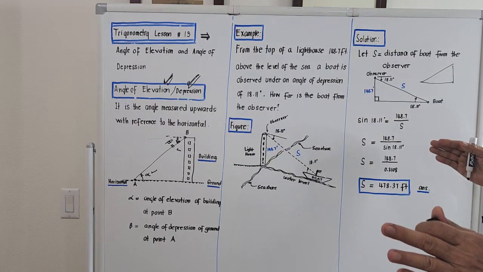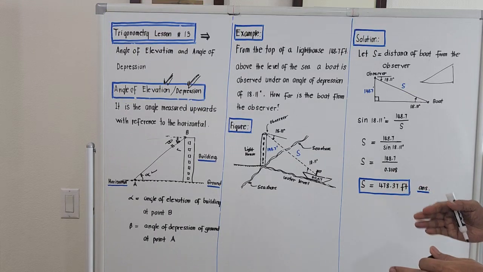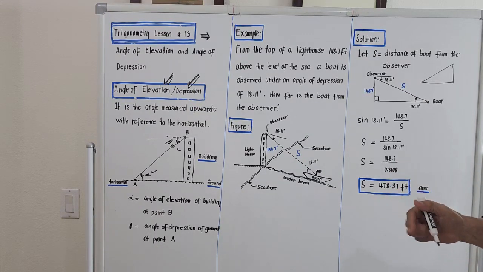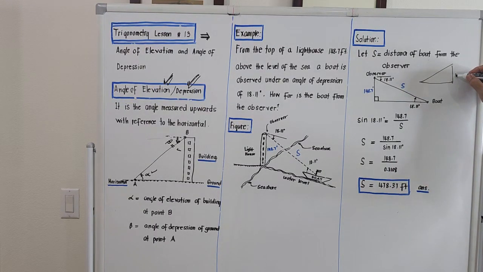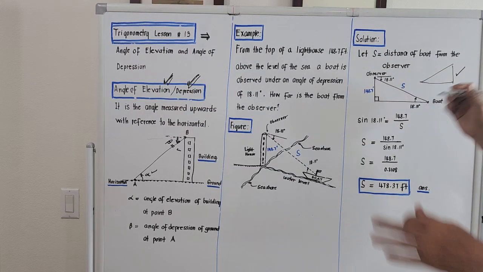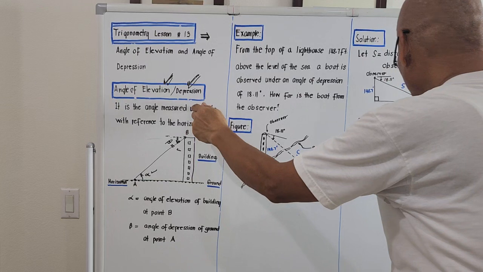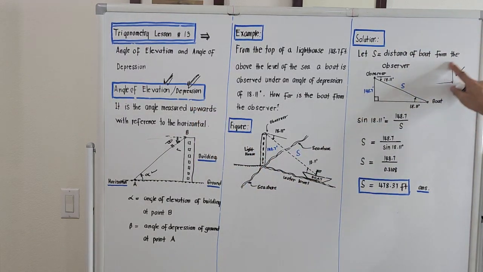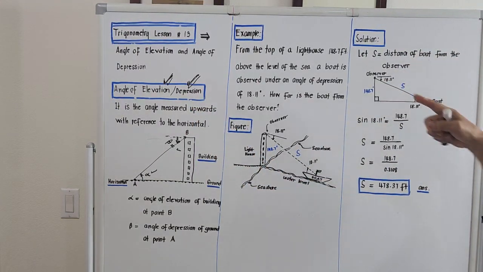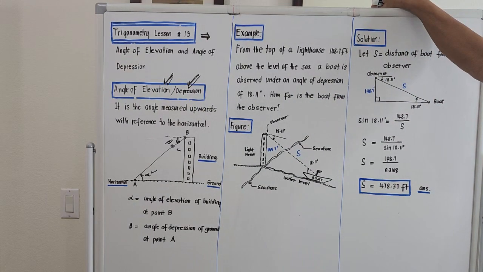So we will have an example problem in which the solution will use the right triangle concepts plus our knowledge of angle of elevation and depression. I will try to read a given example problem.